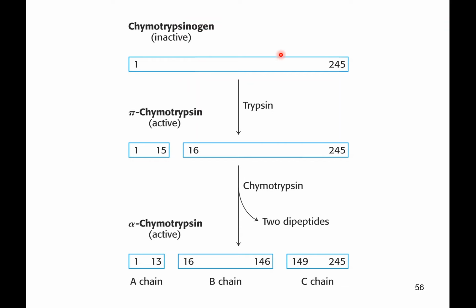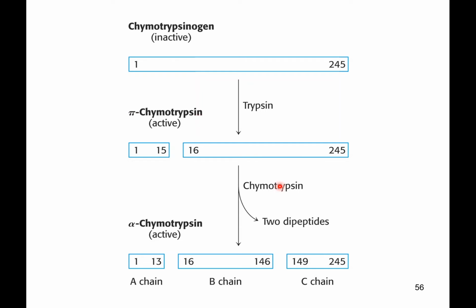Using that example, chymotrypsinogen, the inactive form, is shown here. It's a 245 amino acid enzyme that can be cleaved by another digestive proteolytic enzyme called trypsin. It cuts very specific peptide bonds, and when it does that, it cuts off the first 15 amino acids to give pi-chymotrypsin.